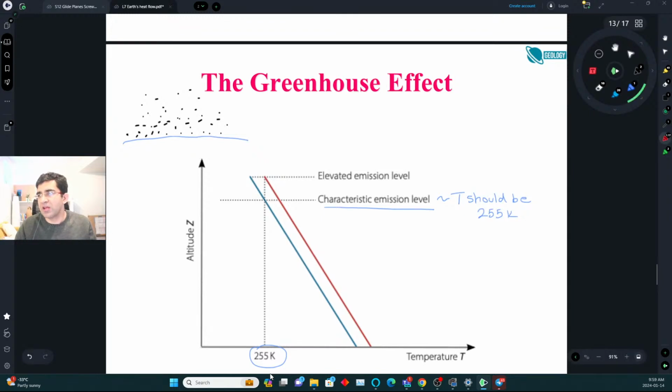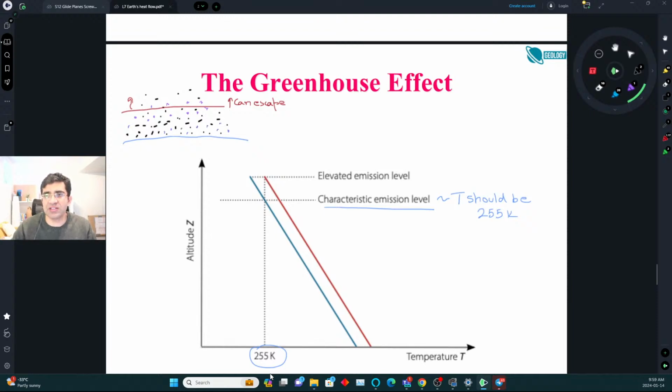Now if you add more CO2 to the whole system, additional CO2, let me draw that in purple, what will happen to this level from which radiation can escape?